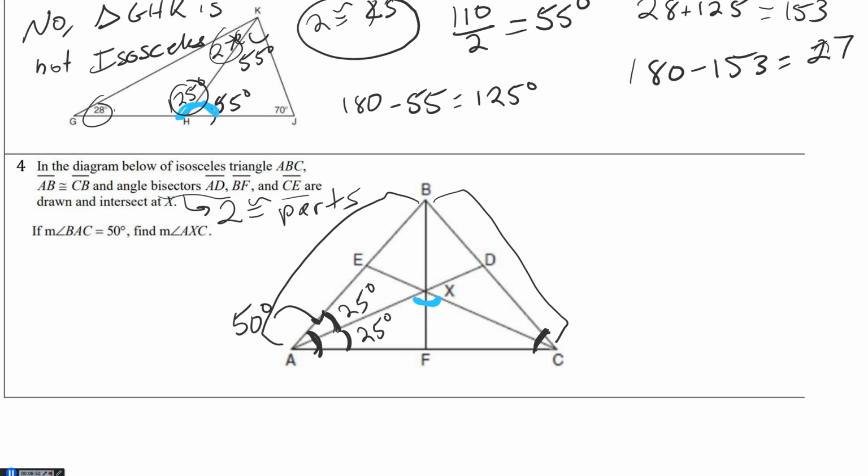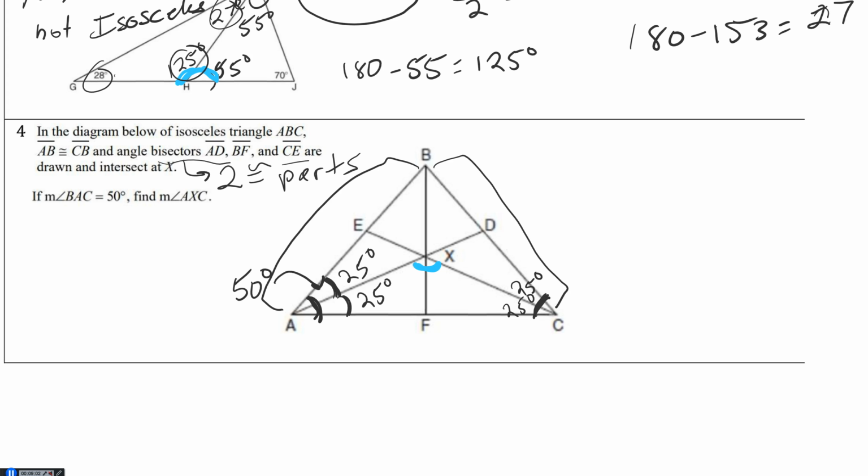And since angle A is the same thing as angle C, I can label that 25 and 25 here as well. Now notice that in the angle we're looking for, if we look at this triangle AXC, we're really only missing one angle.